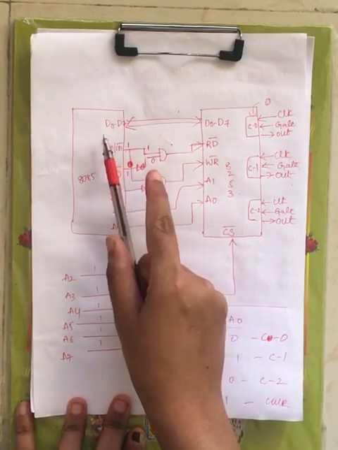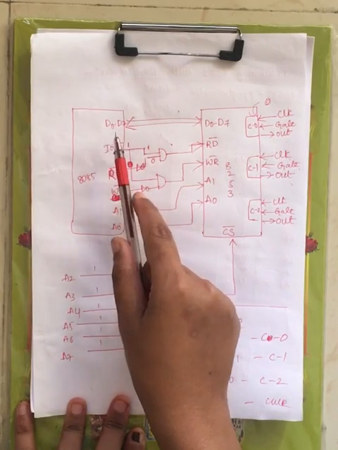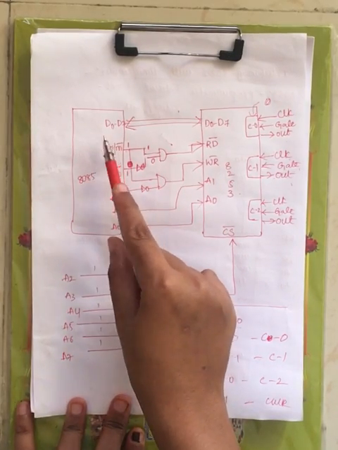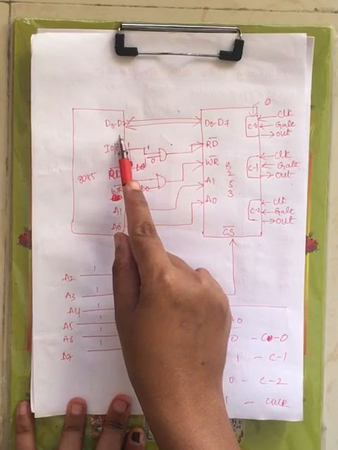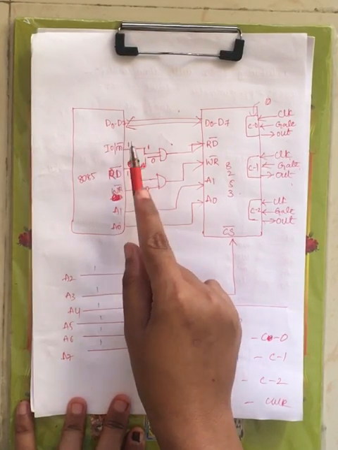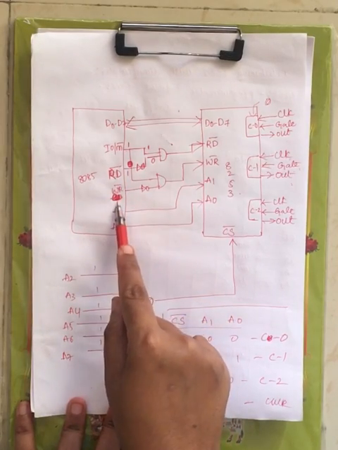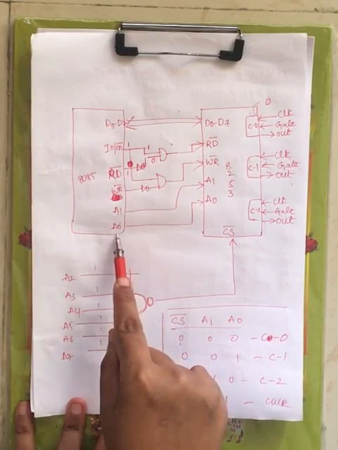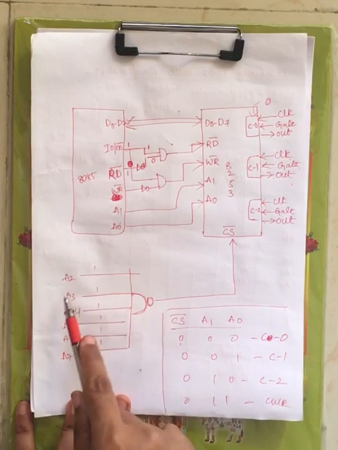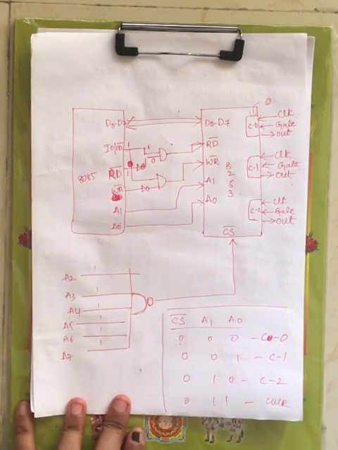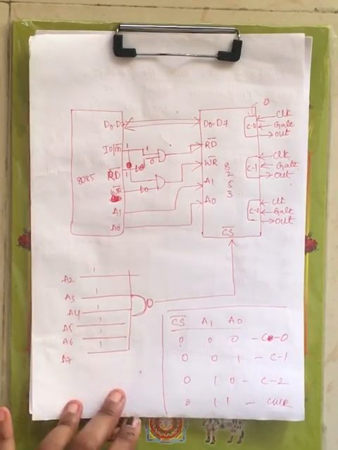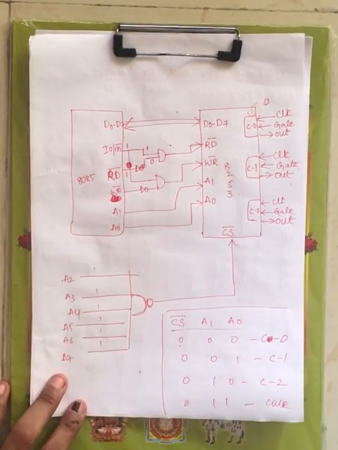In 8085 you have the demultiplexed address and data bus, based on the ALE value, that is D0 to D7, and next you have IO/memory bar, read signal, write signal, and A1, A0, and the remaining address lines are used for chip selection. You can use A0 like your 8255 also.